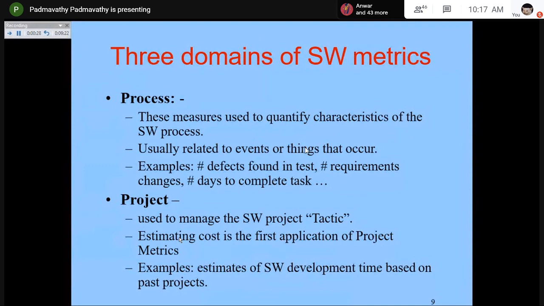Usually it is related to the events that occur during the process, for example the defects found, the number of times the requirements were changed during requirements gathering, and the number of days to complete the task changing. In between, there may be some problem, like a particular team member going on sick leave, so the task is not completed on time. These are all measurements on the process.